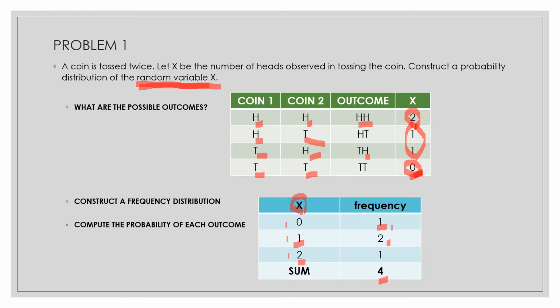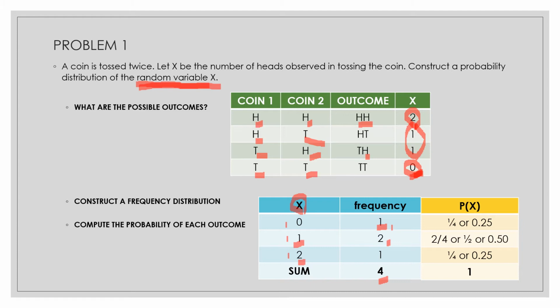Next, compute the probability of each outcome. We have already tried computing probabilities of events a while ago, and we still apply the same concept. We have here the probability of x. So p of x, let's start with 0. Probability of 0 is equal to 1/4 or 0.25.